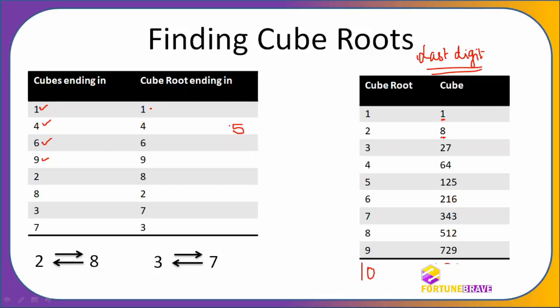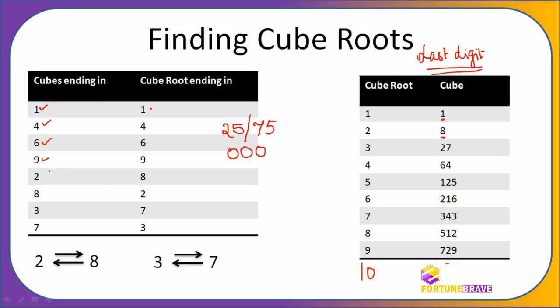There in square it used to be 25 alone. Here it will be either 25 or 75. This you can remember: the last digits of a cube can be either 25 or 75. And zeros will always come in threes, not twos. 3 zeros are required if it has to be a cube.